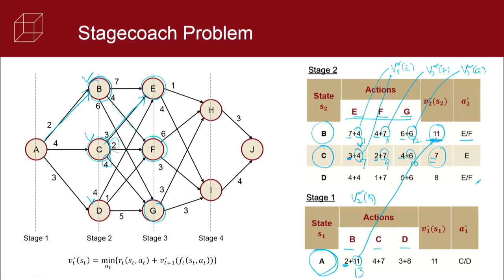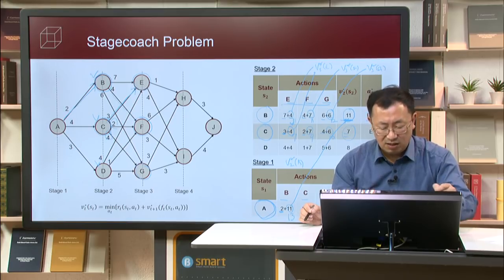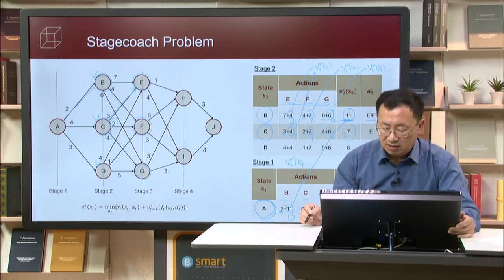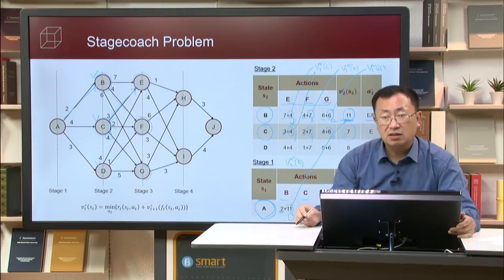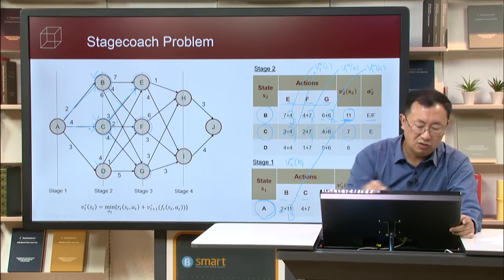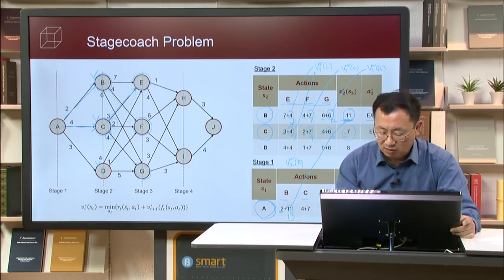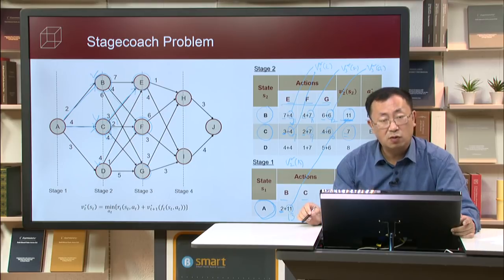So from A, if you go to B, then the length of the shortest path from A to J takes 13 days, right? Let's say you decide to go to C from A. The immediate cost is 4, it takes 4 days.